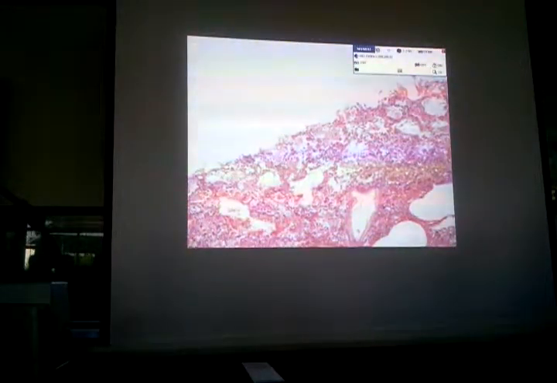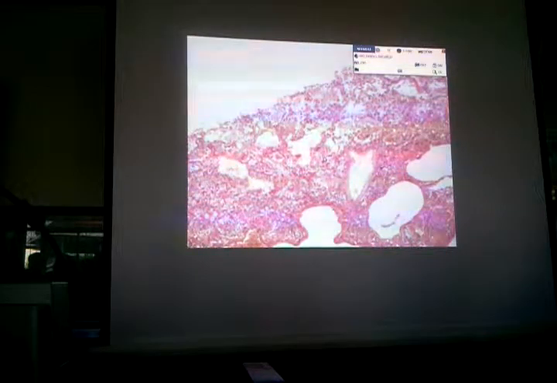Now, for our first slide, this is labeled as cytomegalovirus pneumonia. Okay, for orientation. So those are the remaining patent alveolar spaces in this lung tissue.